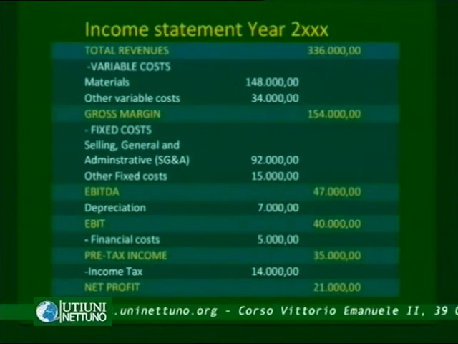So if we subtract the fixed costs from the gross margin, we calculate another margin that is defined as EBITDA, that stands for earnings before interest, taxes, depreciation, and amortization, that is equal to the difference between revenues and total operating cost, but gross of depreciation, that as we'll see, is subtracted after the EBITDA.